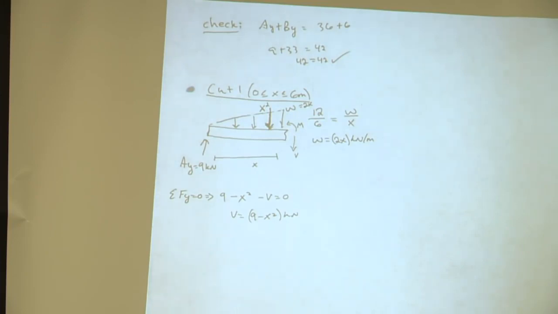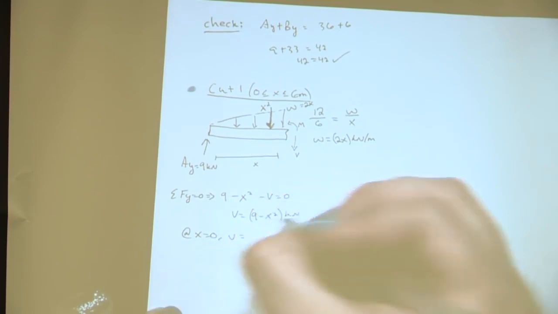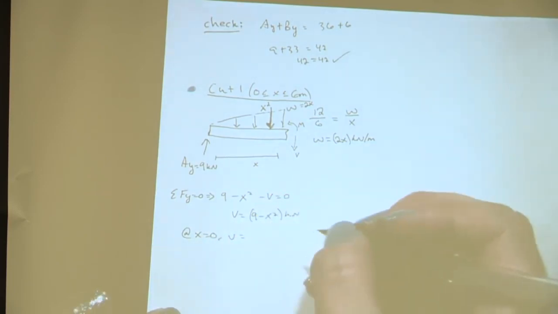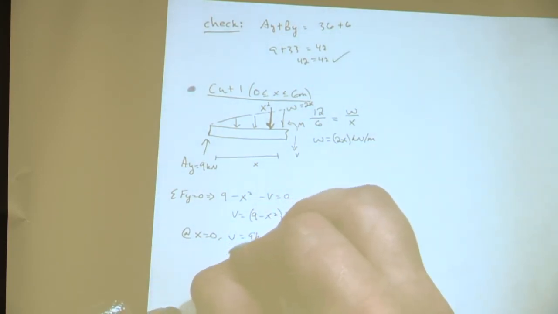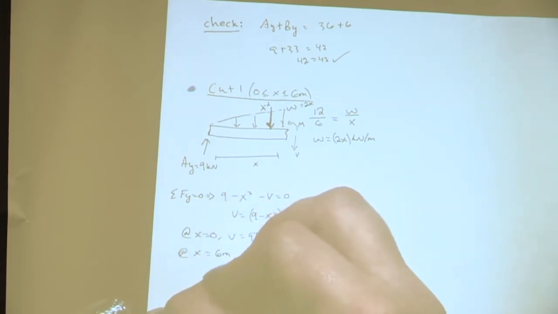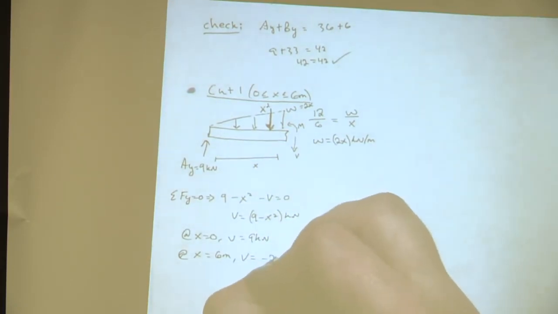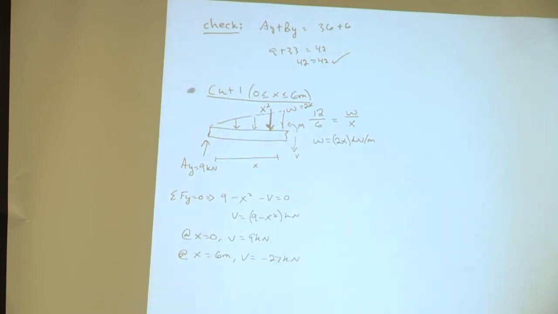Okay, so what do we do now? Plug in 0 and plug in 6. At x equals 0, V is equal to 9. At x equals 6 meters, shear is equal to negative 27 kilonewtons. Anything else that we need to do?